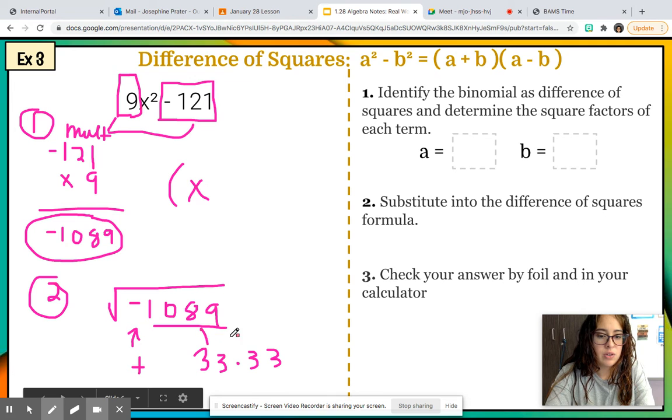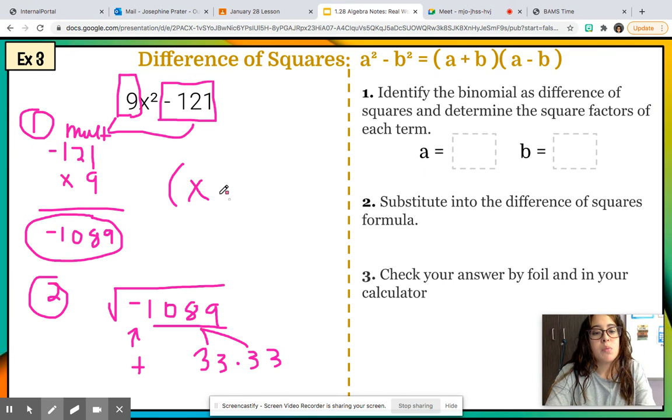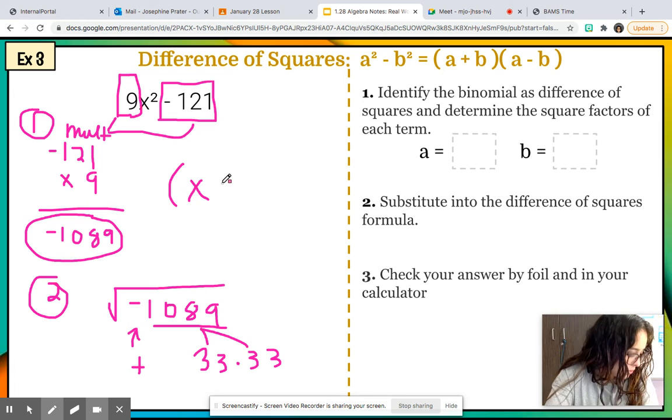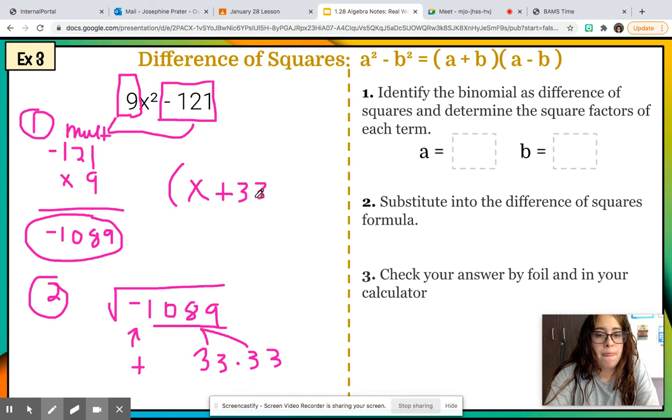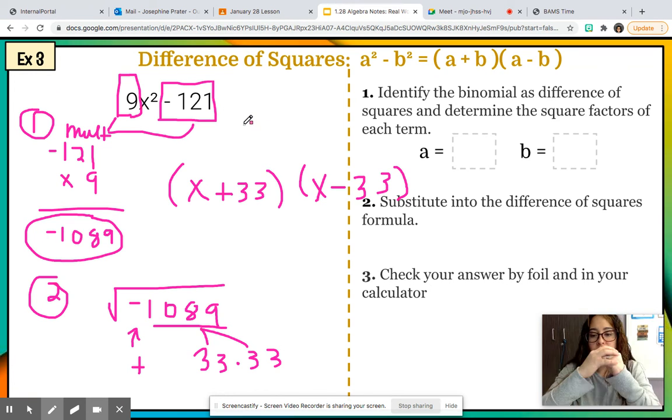These are the factors. Okay. Now I'm going to set this up with the 33s. So then I'm going to put plus 33, but then the other one's going to be negative, x minus 33, to get that difference of squares, to get the middle term to erase, okay?